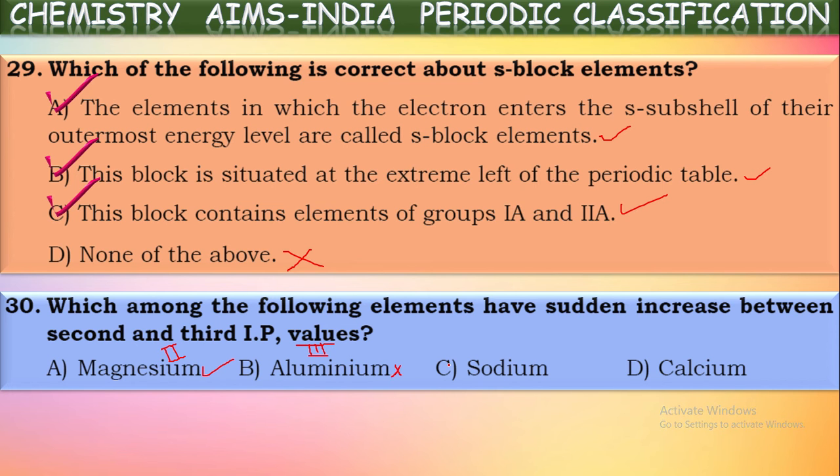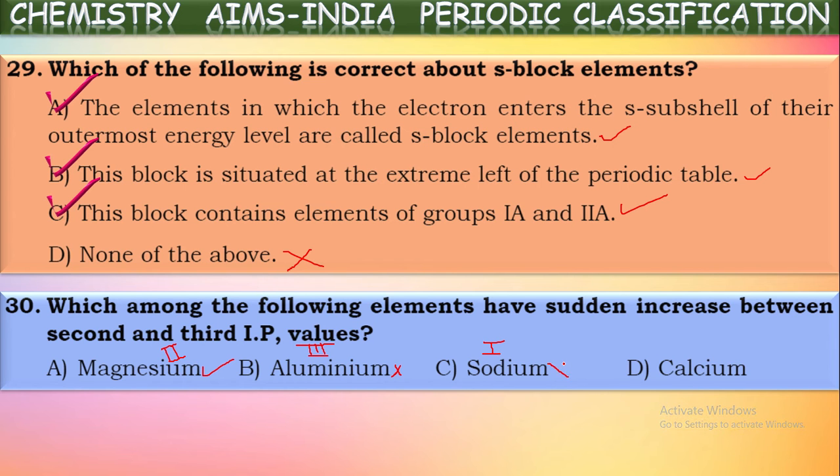If we see sodium, we know sodium is a first group element because it has only one electron in the valence shell. After loss of one electron, it will attain the stable electronic configuration of neon. So the removal of the second electron requires a large amount of energy. So it will have a sudden increase between first and second IPs, but not second and third.